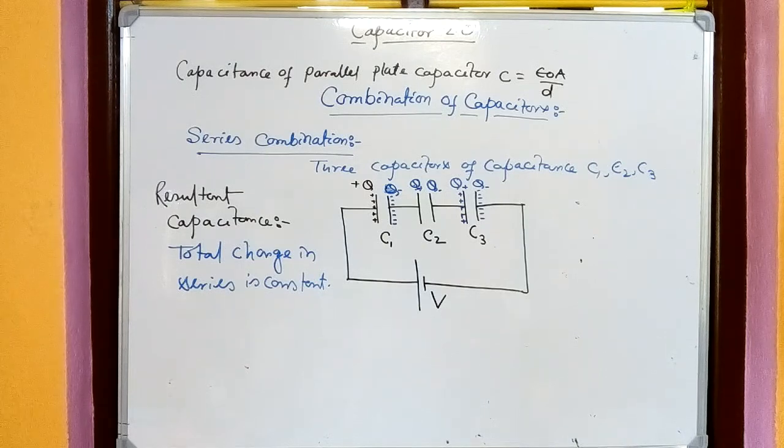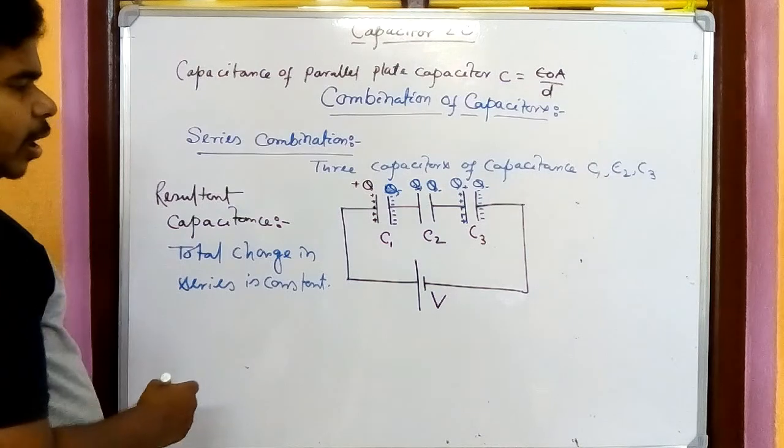Here, instead of current, we are taking the charge. Basically the difference is not there, it is the same. We all know that the rate of flow of charge is known as current. So in a series combination, the total charge is constant.